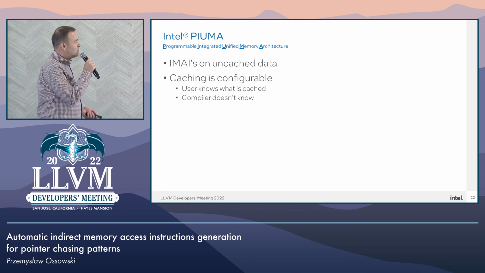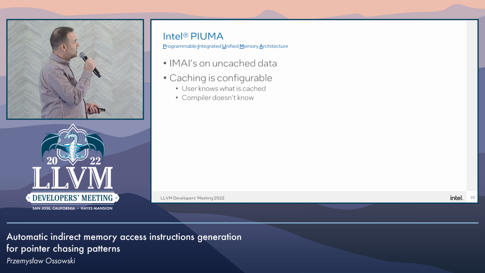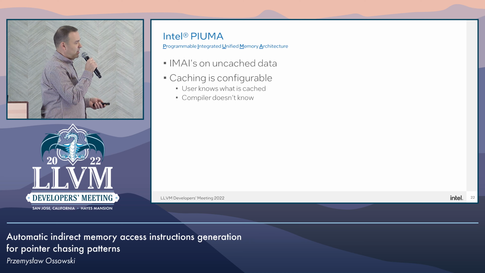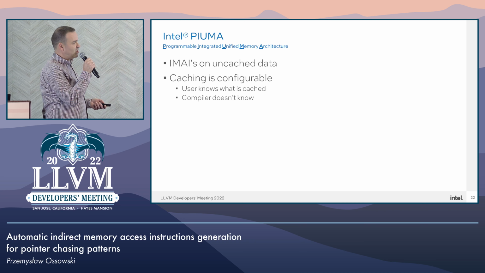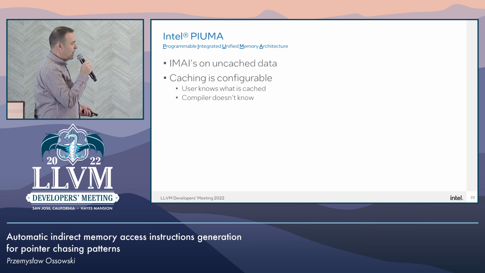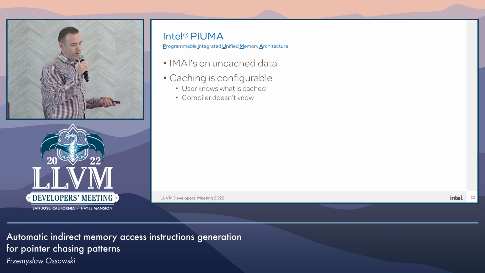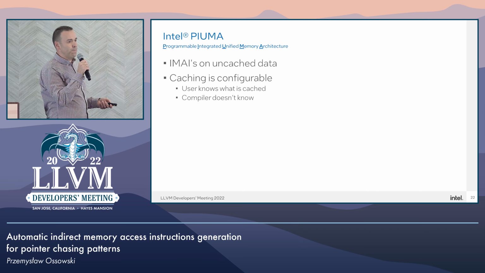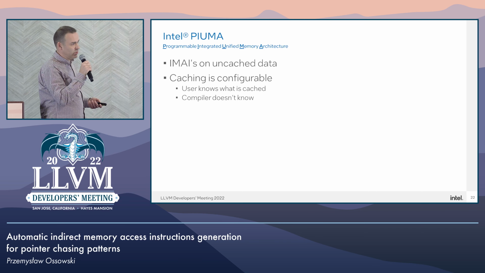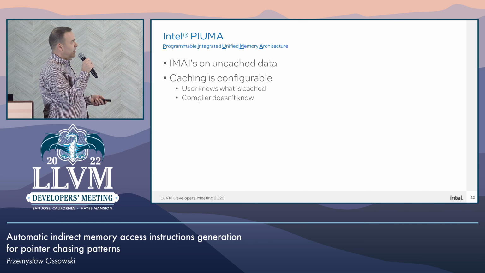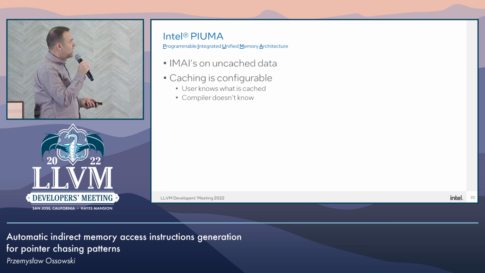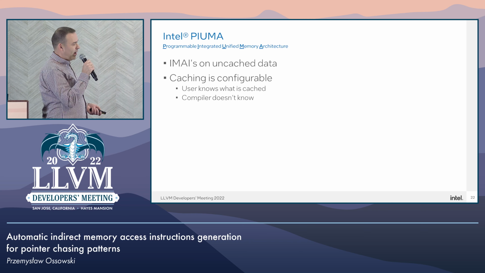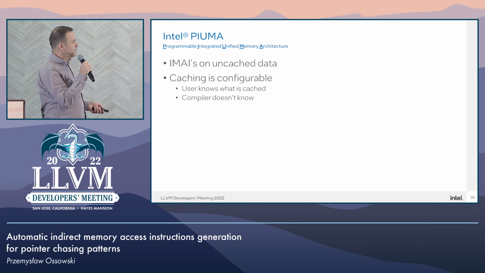Additionally, this platform has a feature that the user can configure whether a given access to memory goes through the cache or not. The user has such knowledge when implementing the function or code, but the compiler, based on this API, wasn't able to detect such a scenario. So how do we tell the compiler if we can apply this pattern?